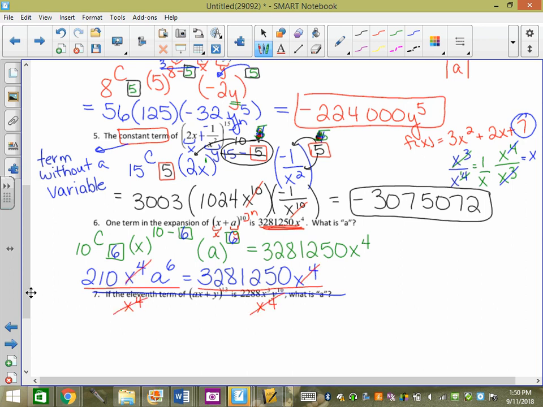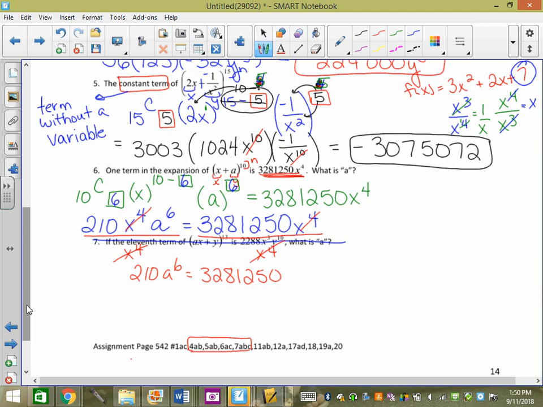And I need it to go away because the only variable I can have is a because I'm solving for it. If I have two variables, you can't solve for it, right? It's just like having two unknowns in chemistry or physics. You can't solve unless you only have one unknown. So we have 210 a to the 6 equals 3,281,250. Divide by 210.